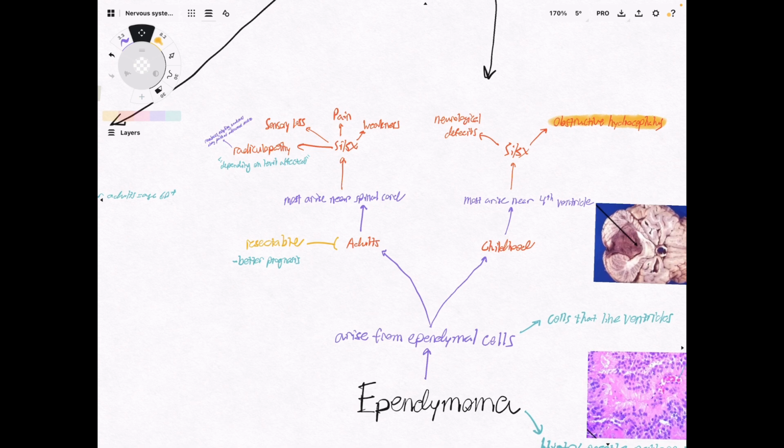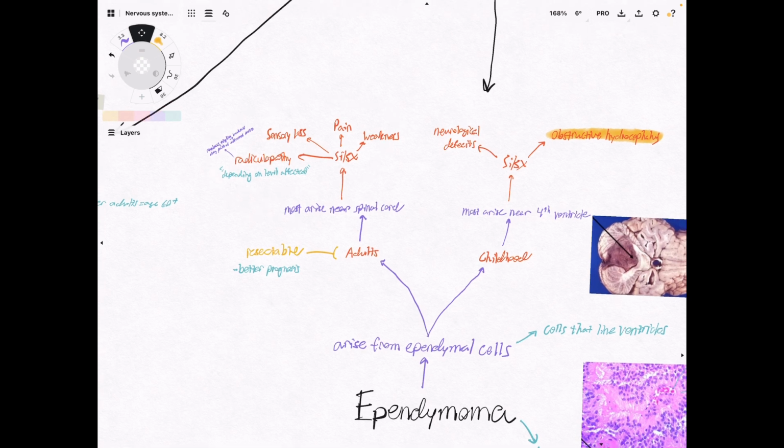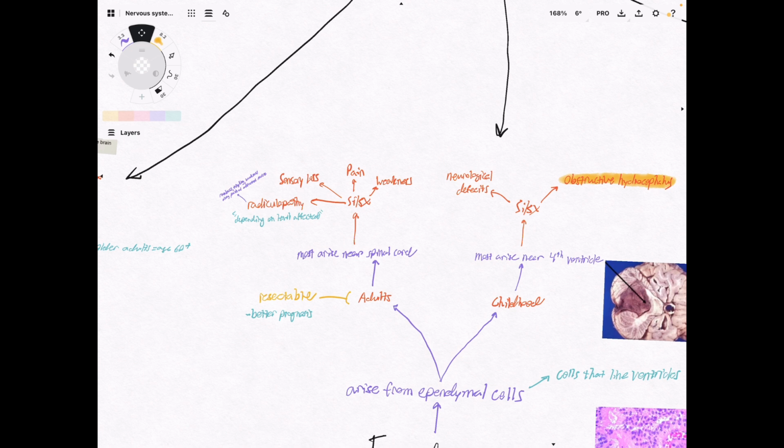So in adults, the ependymoma is going to arise near the spinal cord. And again, you can have very much spinal nerve side effects and symptoms in adults. So if it's arising in the spinal cord, you can imagine you'd present with weakness, so lower motor neuron lesions, pain if it's compressing somewhere in the spinal cord, and sensory loss.